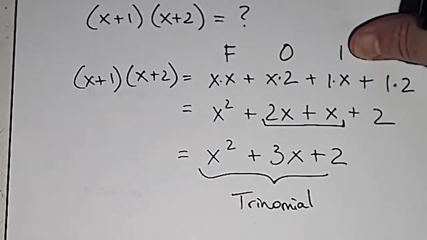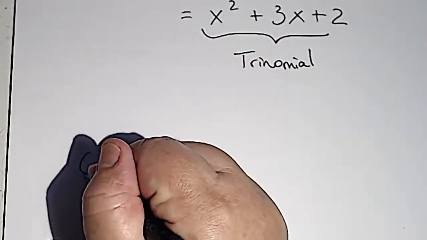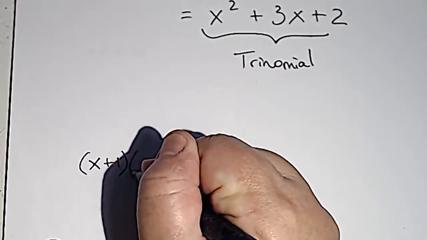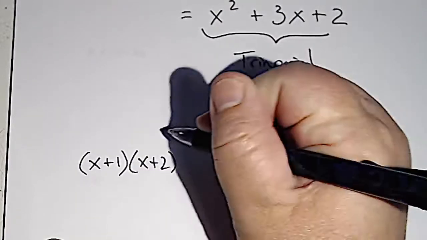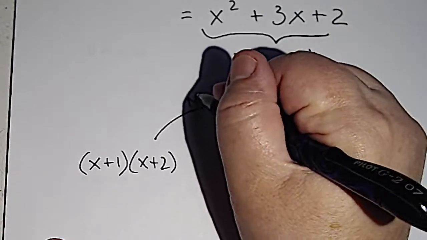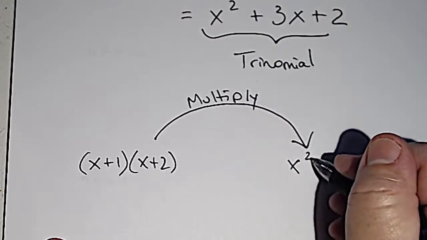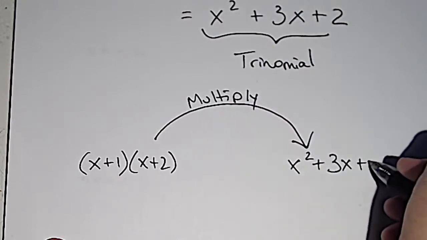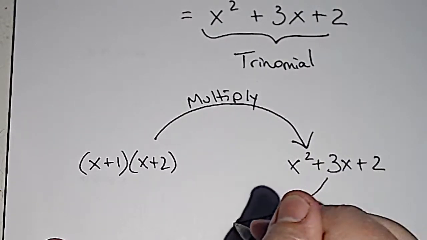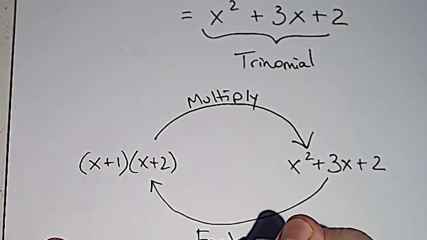To put in the circle of life, x plus 1 times x plus 2, if we come around the circle, when we multiply, we end up with x squared plus 3x plus 2. And then we can go back to this form if we ask you to factor.